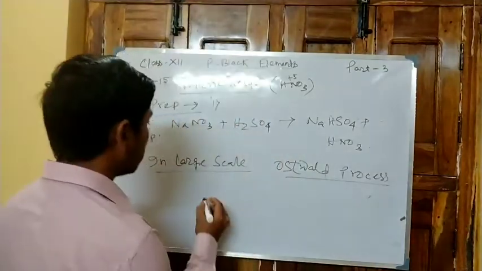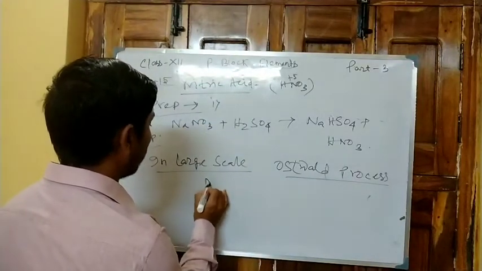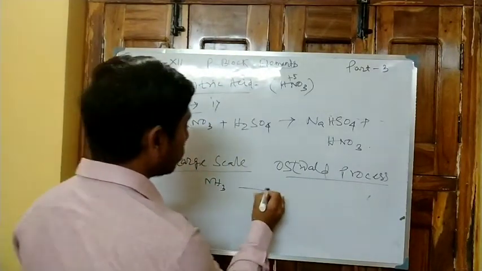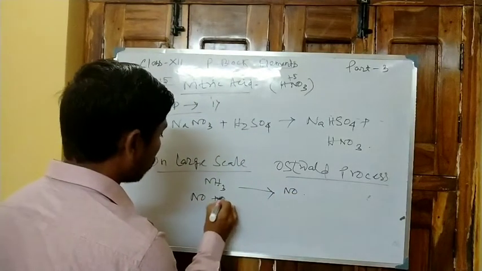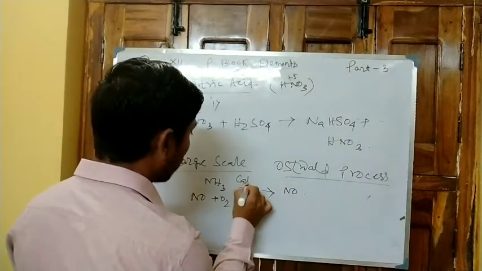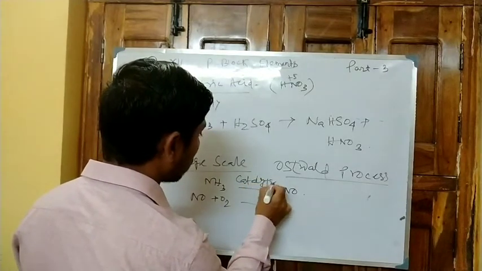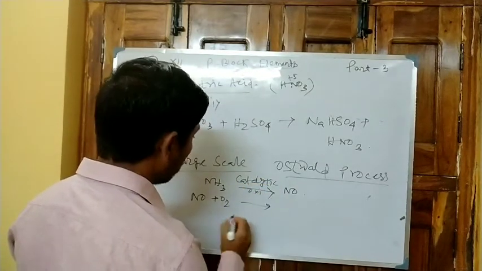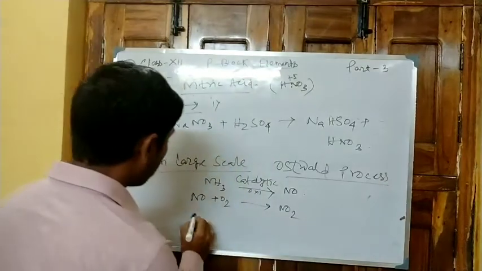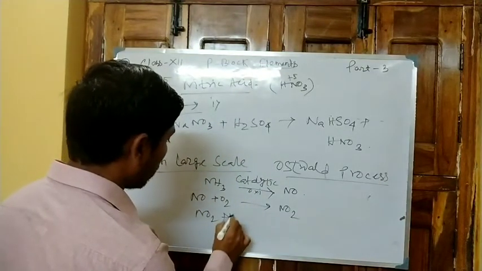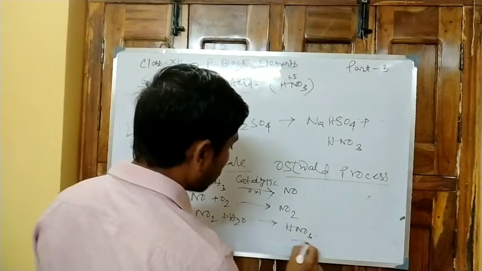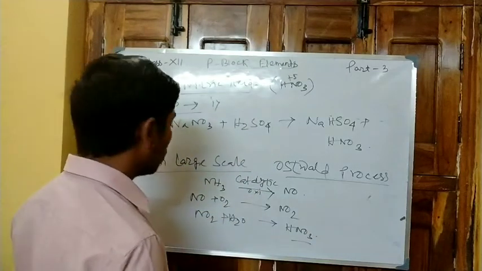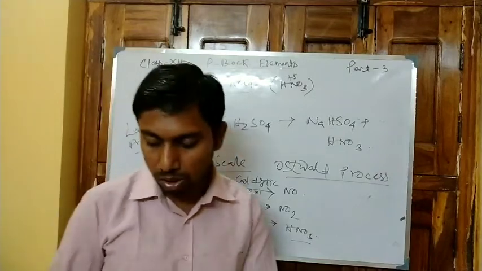So the first step is the catalytic oxidation of NH3 to NO. Second step, NO plus O2 forms NO2 by oxidation. Third step, NO2 plus H2O forms HNO3. So this is the Ostwald method to produce HNO3.